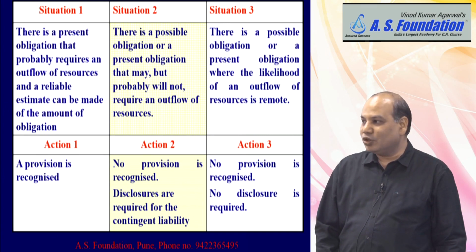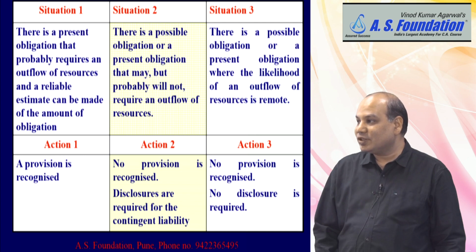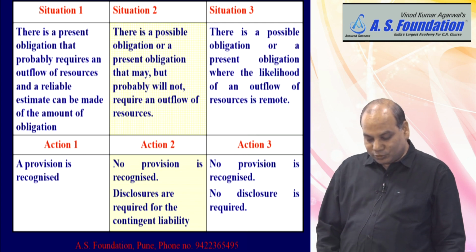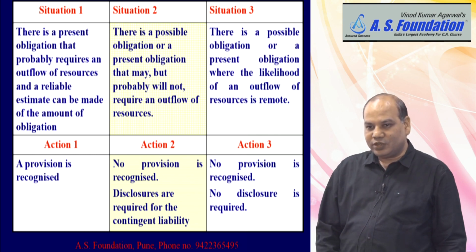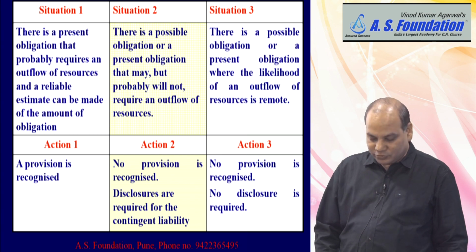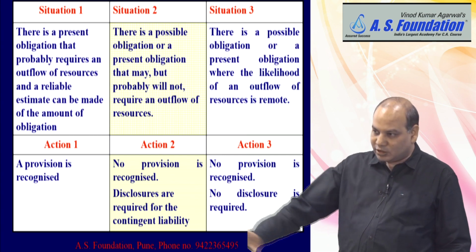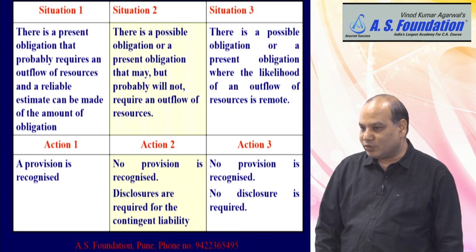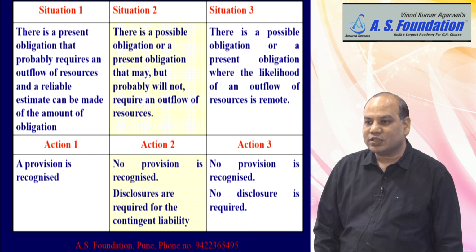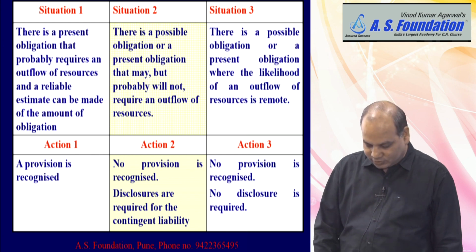If one of those four conditions is not satisfied, contingent liability. But if the outflow of the resources is extremely remote, then even contingent liability is not required to be disclosed. Chances of payment is very remote, not likely to happen. Then in that case we are not required to even disclose it as a contingent liability.